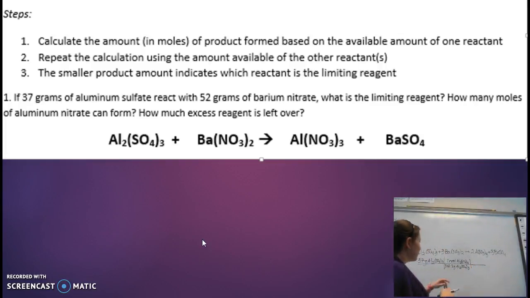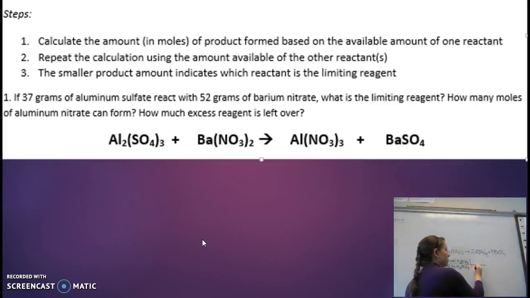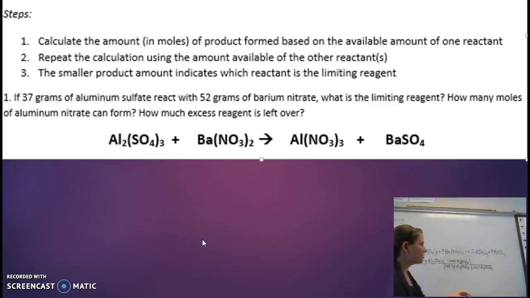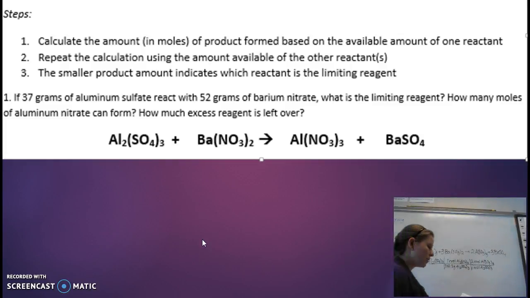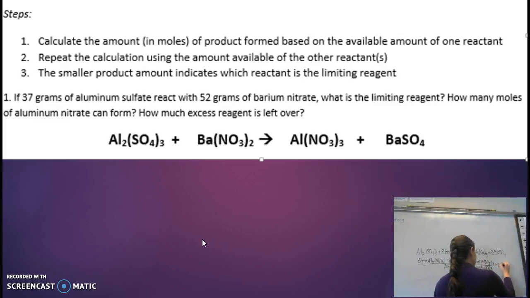So if we look back up here like we did before, there's a 1 in front of the aluminum sulfate, so we write 1 mole. Then there's a 2 in front of the aluminum nitrate, which is what we're interested in. So 2 moles of aluminum nitrate is going to go there. Okay? So you're going to go ahead and calculate that out. You're going to get 0.2162 moles of Al(NO3)3.